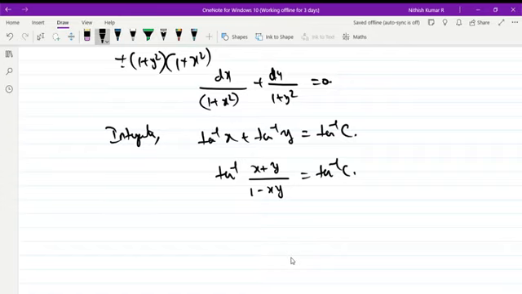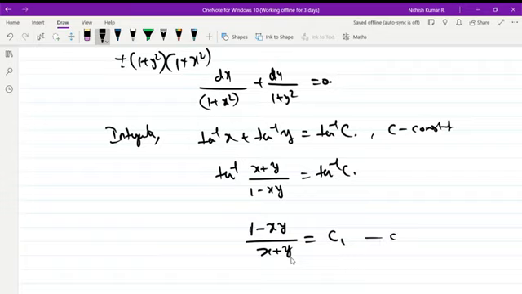Since it is a constant, taking the reciprocal and making a new constant, we get 1 minus x into y divided by x plus y equal to a new constant c1. Constant, and c is again a constant.